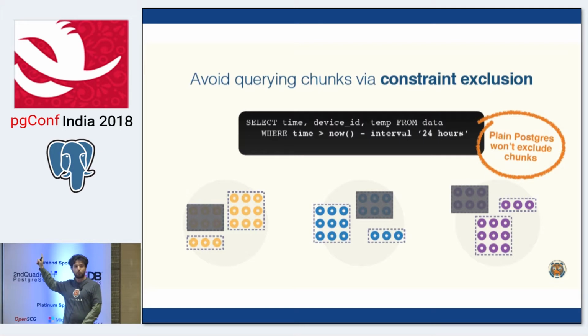And if you have this in a prepared statement, you might change this setting since you prepared it, so you can't decide what to do at planning time either because of that reason. And so in plain Postgres, it won't exclude chunks based on this. What we did is we added additional constraint exclusion that happens at execution time instead of at planning time, so that you would avoid this kind of problem.